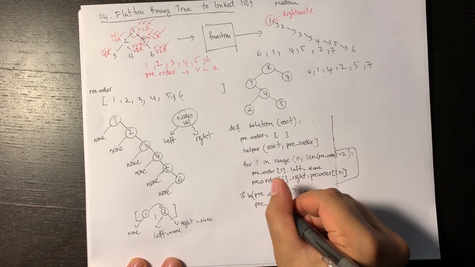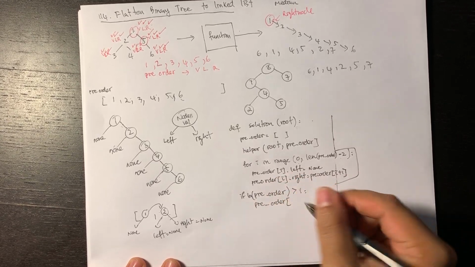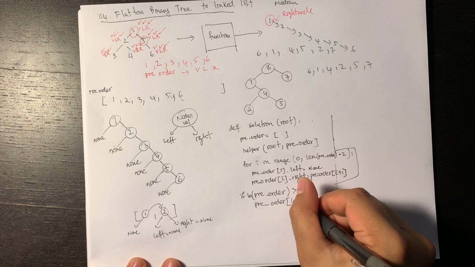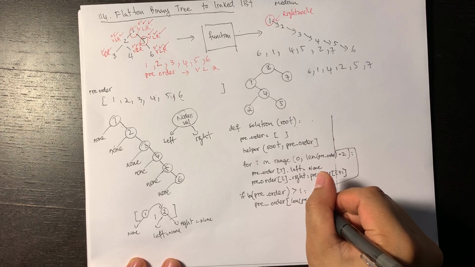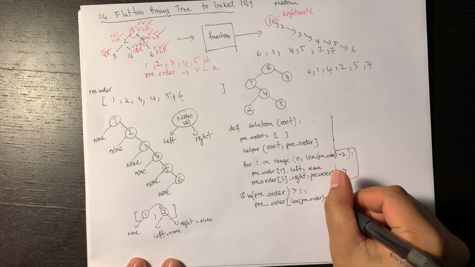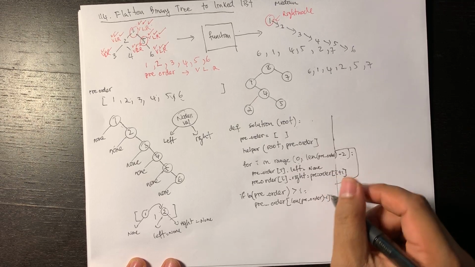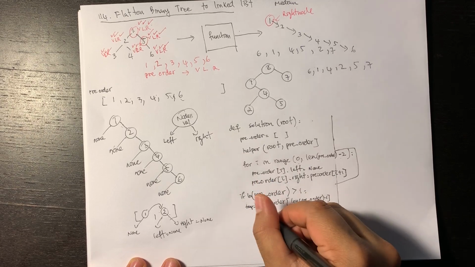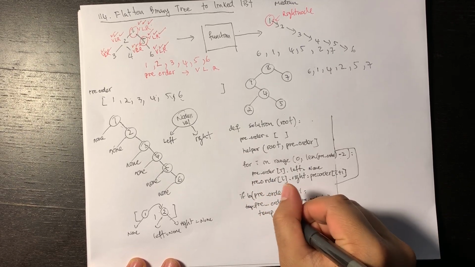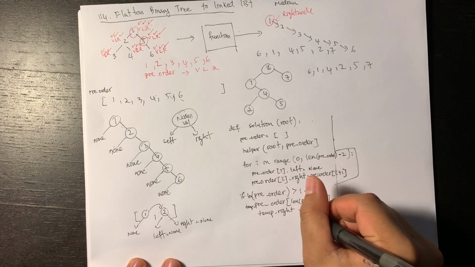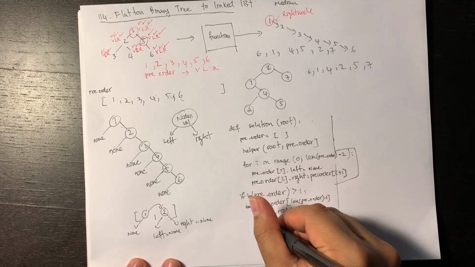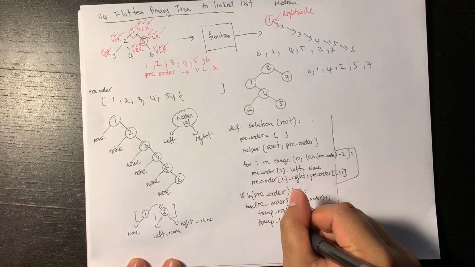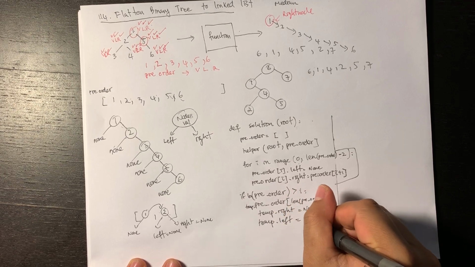So I would have to do pre-order[length of pre-order minus 1]. Let's call it temp, and then temp.right is equal to none, temp.left is equal to none.